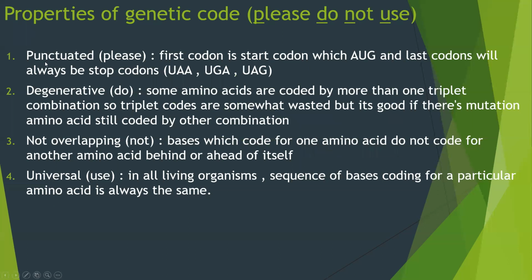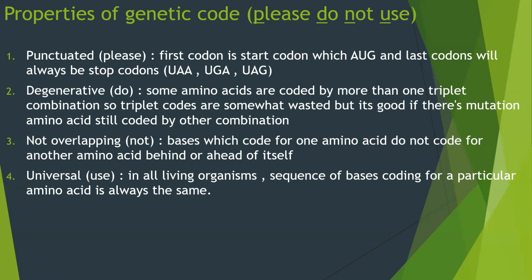So punctuated, which means that the codon, which is a sequence of bases, will always start with the start codon, which is AUG, and it will end off with a stop codon.